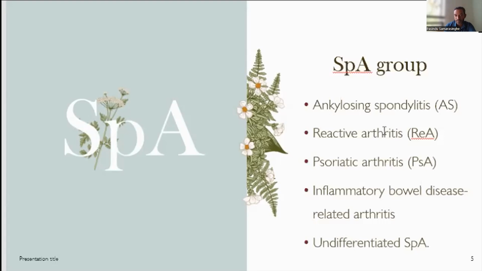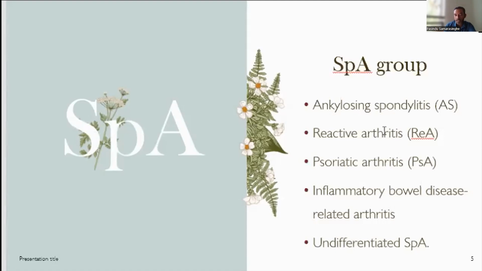As I said before, reactive arthritis is when you have a preceding infection leading to the arthritis, and the common infections are Salmonella, Shigella, and Chlamydia. Classically, this was called Reiter's syndrome, when you had arthritis, conjunctivitis, uveitis and urethritis, and this is a subset of reactive arthritis. So when there's an infection preceding these joint symptoms, it's called reactive arthritis.